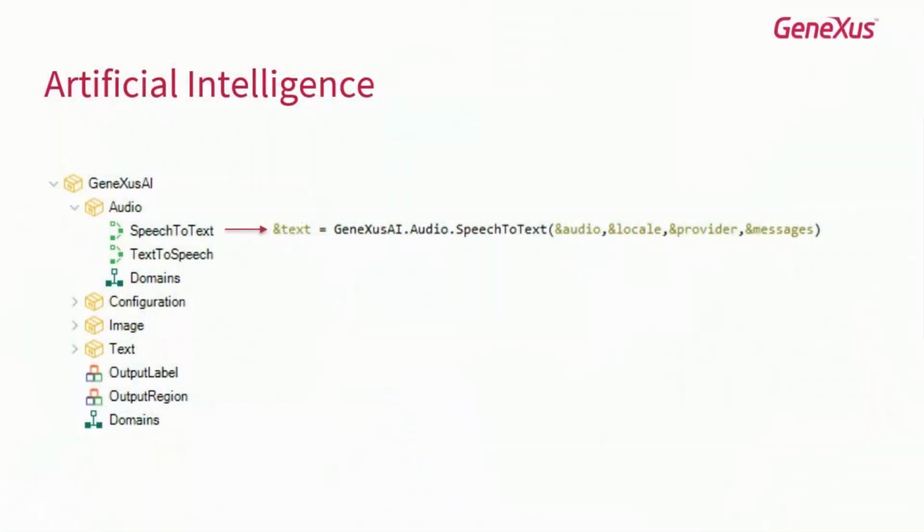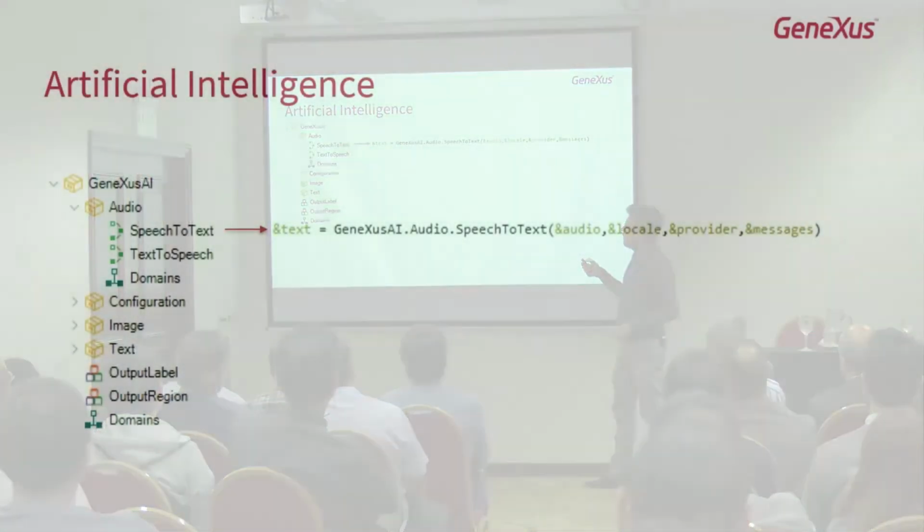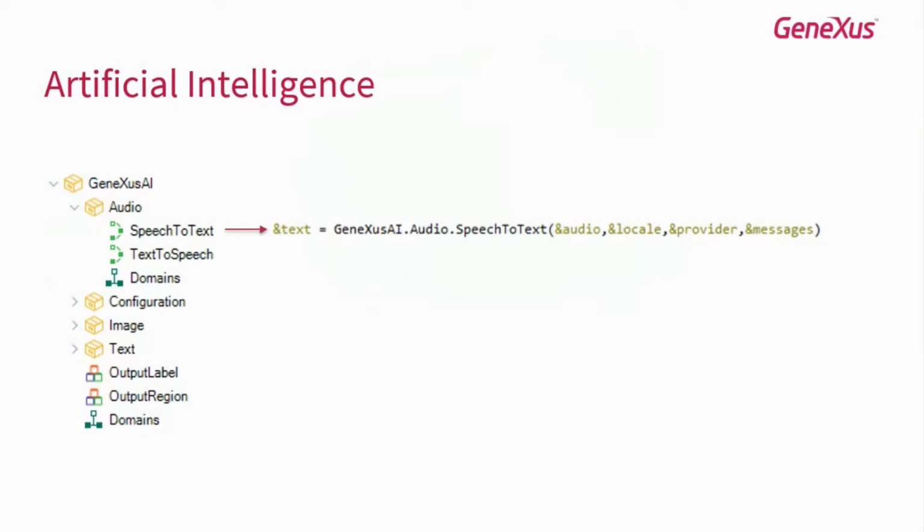Then this is the interesting part. Two procedures here, speech to text, which takes an audio. Let's see if I have the pointer. I have an audio, and I tell it the locale where this audio would be.